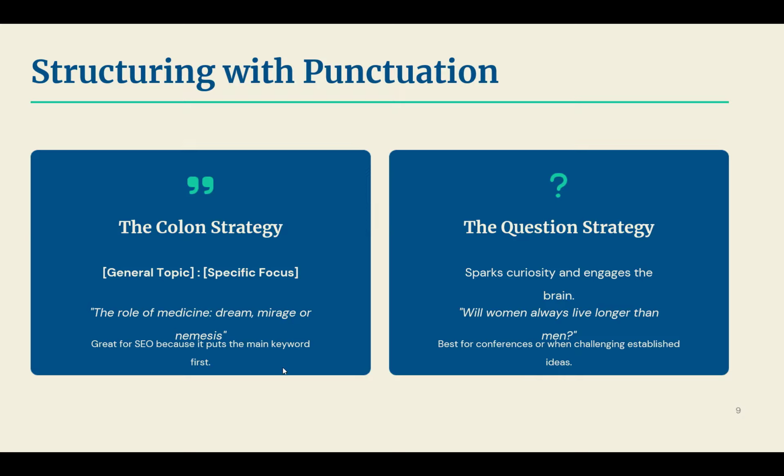You see, because it puts the main keywords first, the role of medicine. Number two, it gives specific focus. So this is actually great if you want to simply try the keyword hunt. Some researchers look for their relevant research by simply hunting through keywords.